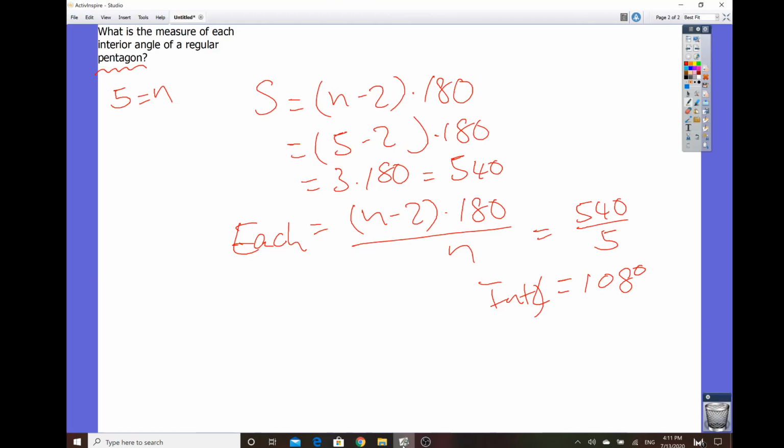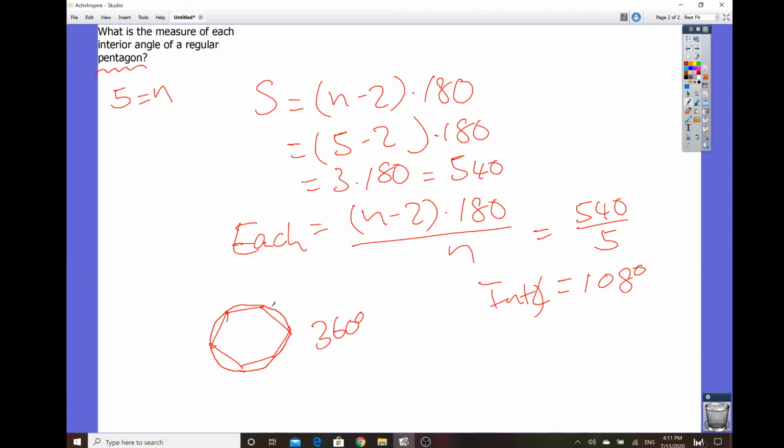The reason is that once you draw the polygon, let's say we have a hexagon, and we make a circle going through all the vertices, they're all considered tangent points. Once you go around the circle, guess what? It's always 360 degrees.